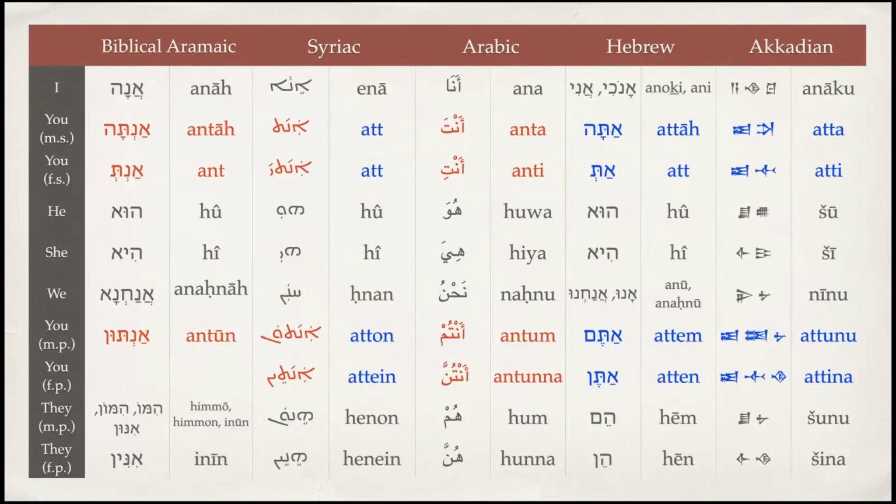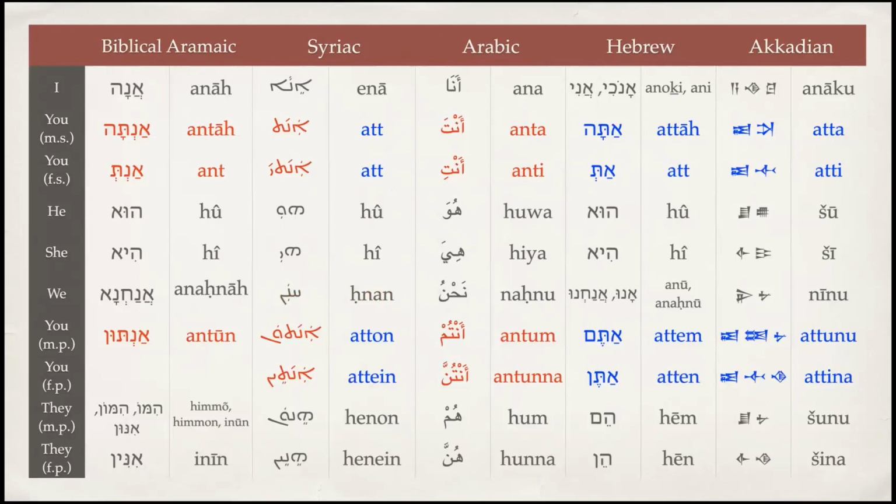Now here's something a little more fun. If you look at the way in which the different languages utilize the second person pronouns, whether it's masculine singular, masculine plural, or feminine plural, there is this nun that's in there historically. And in fact, in Biblical Aramaic and in Arabic, they're still vocalized, right? You have anta, antu, anti.